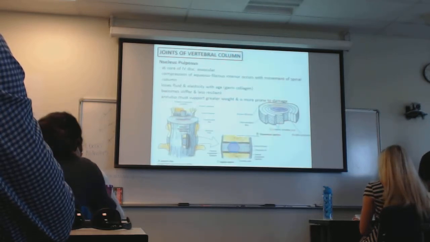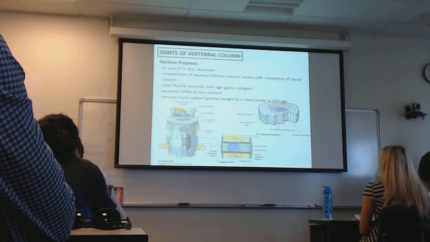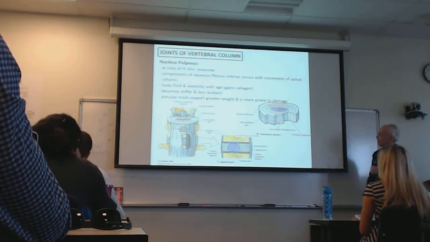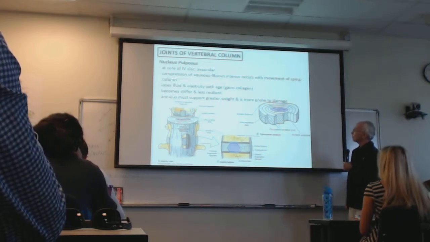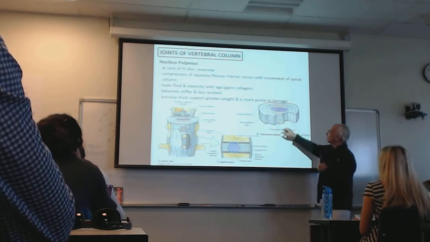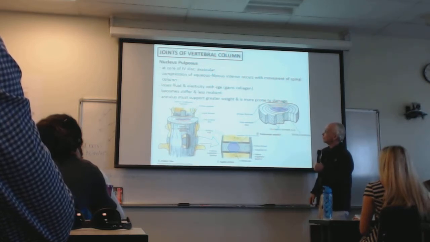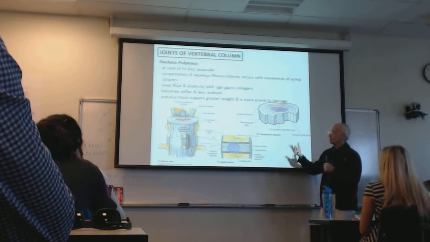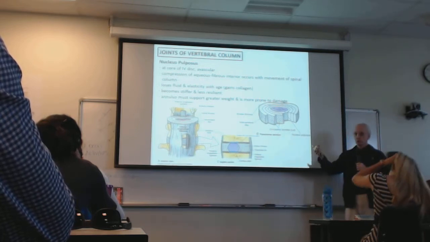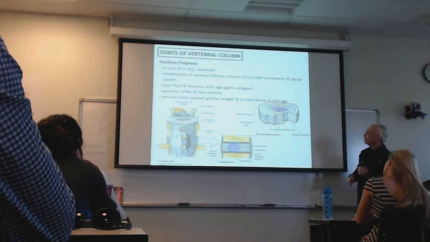So as we pointed out, the entire IV disc is relatively avascular. It progressively deteriorates with age. Several things happen. Rather interesting one. Remember our discussion of glycosaminoglycans and proteoglycans? This interior tissue especially is filled with that, and as we age, that capacity for hydration, which those molecules afford, tends to diminish.